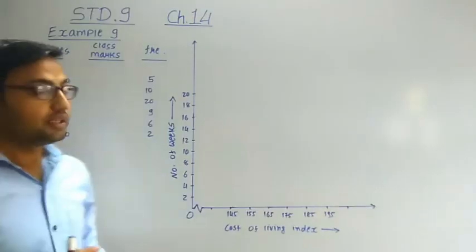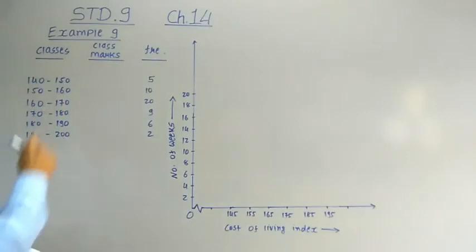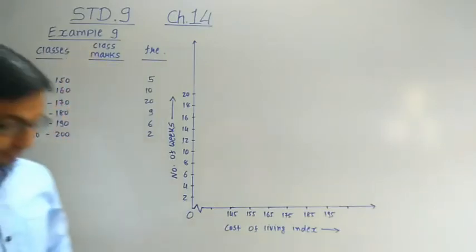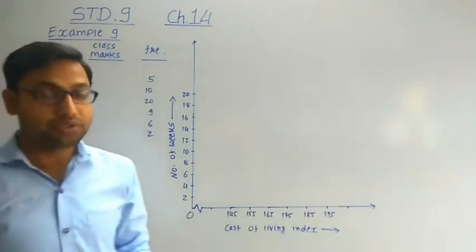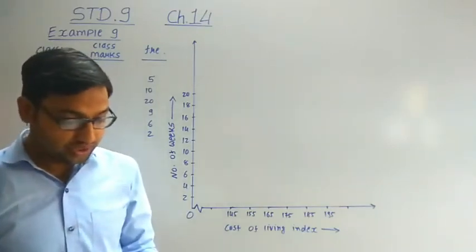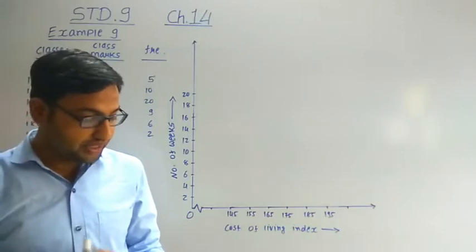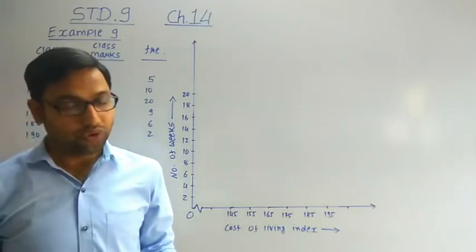Okay, so here we have taken example number 9. Example number 9: in a city, the weekly observations made in a study on the cost of living index are given in the following table.